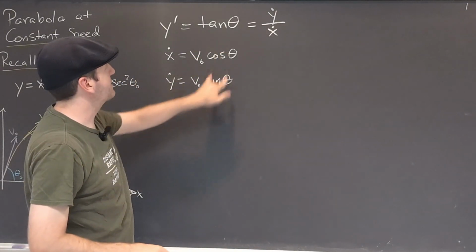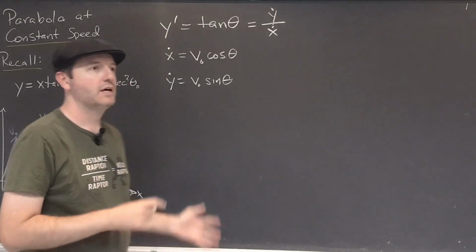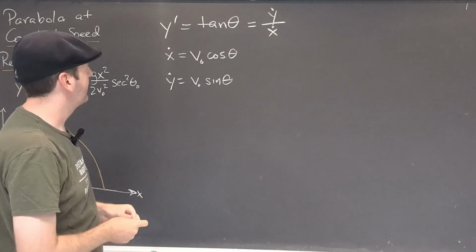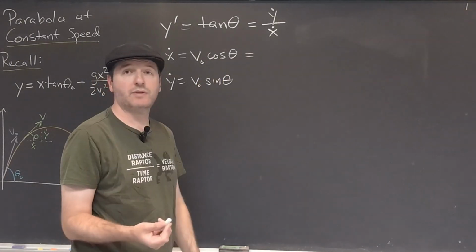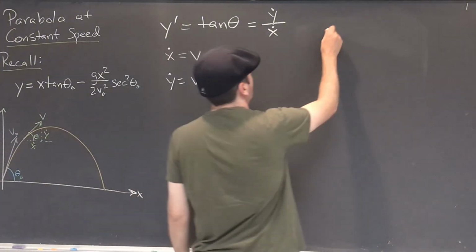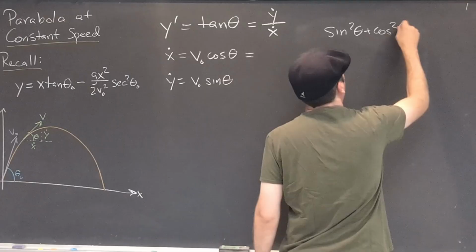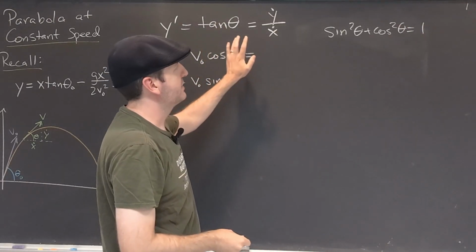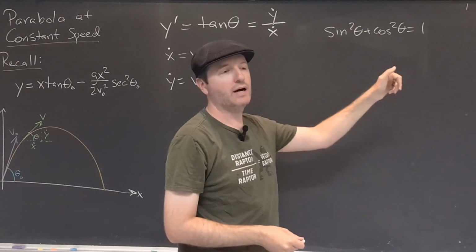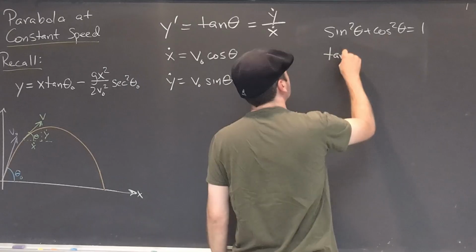Now we can rewrite these sines and cosines in terms of the spatial derivatives of the trajectory, which we have. So the easiest way to determine this cosine is probably to use the Pythagorean identity. Remember that sine squared plus cosine squared is 1. I want to write things in terms of tangent, so I'll divide everything by cosine squared and get our other Pythagorean identity.